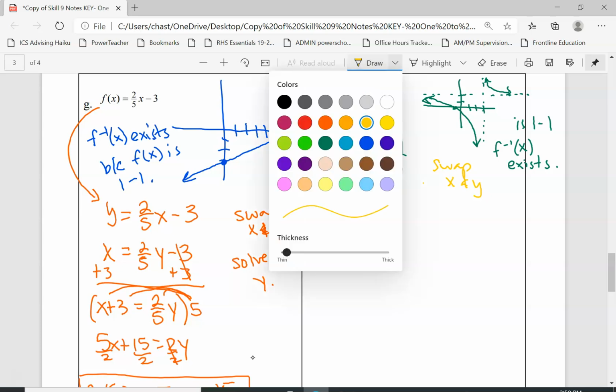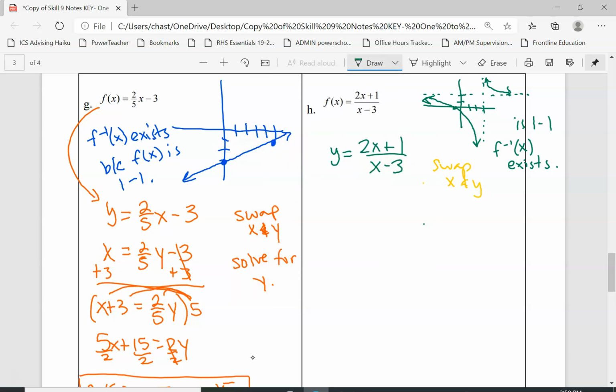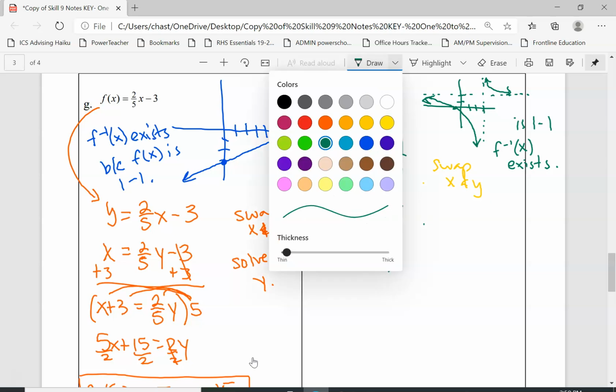So we swap the x and y, which gives us x equals 2y plus 1 over y minus 3. The easiest way to do this is put this over 1 and cross multiply. So I should write this as a step.